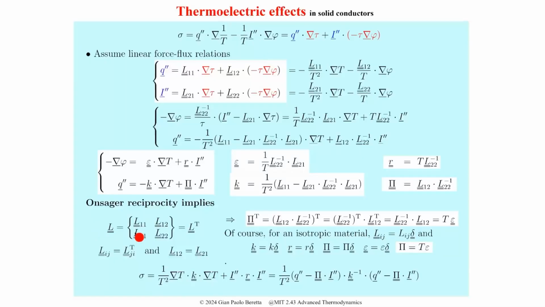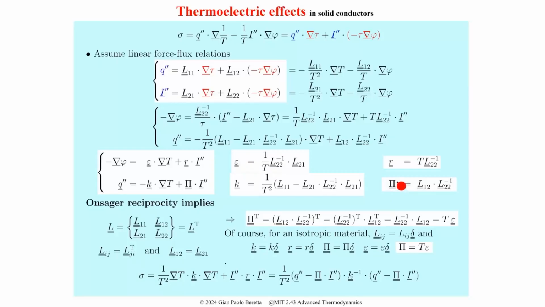And so this symmetry requires that each of the groups, these blocks that we have defined of this matrix, are symmetric themselves, and also that these off diagonal blocks are one equal to the other. So if you apply that symmetry, you may notice that there is a relation between the Peltier tensor and the Seebeck tensor.